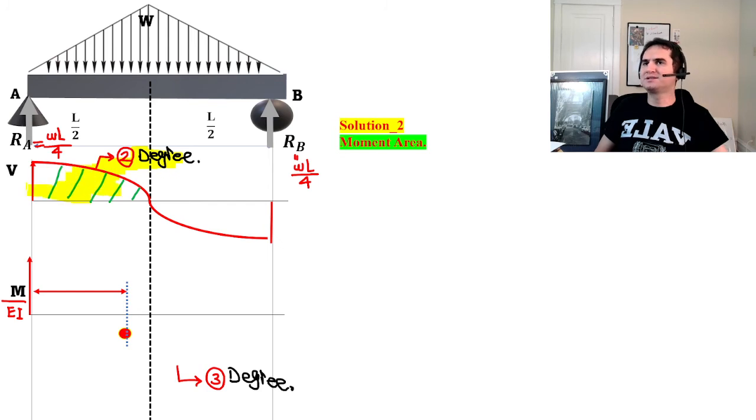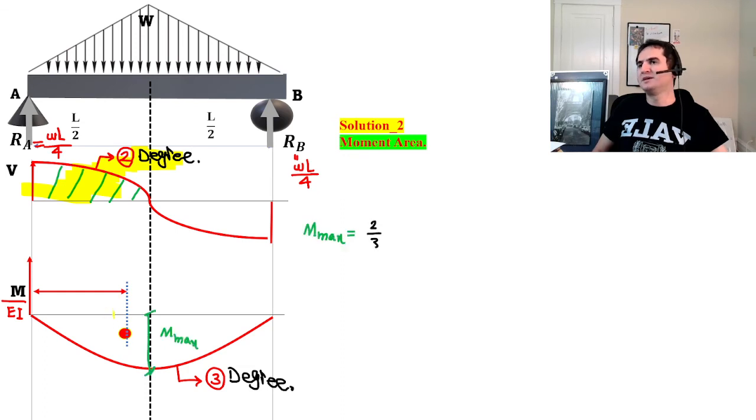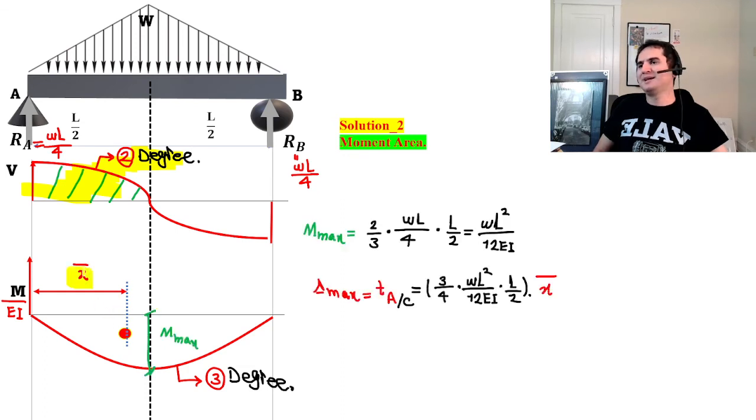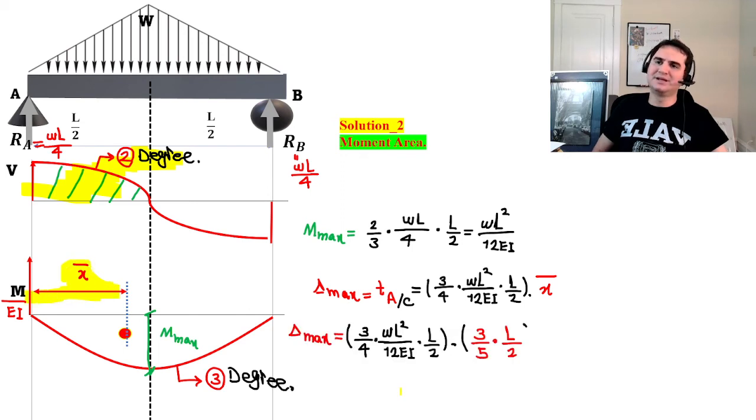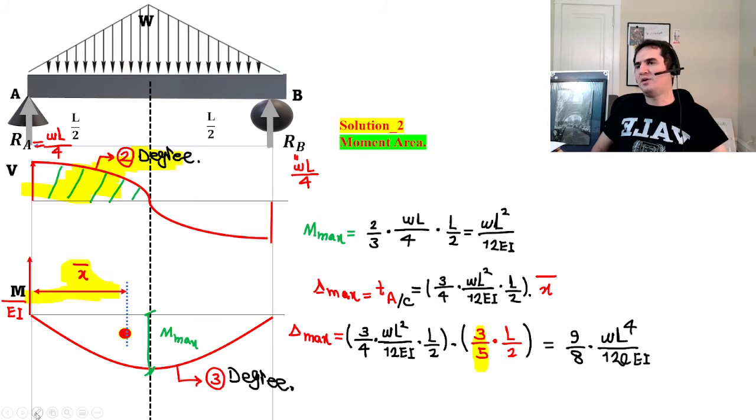Your moment area is under here, and that's a distance of, we already know what x bar is, 3 over 5 times the length, and our length is L over 2.